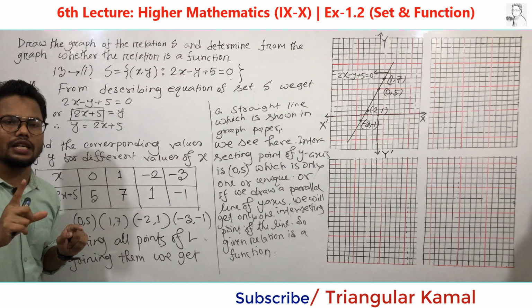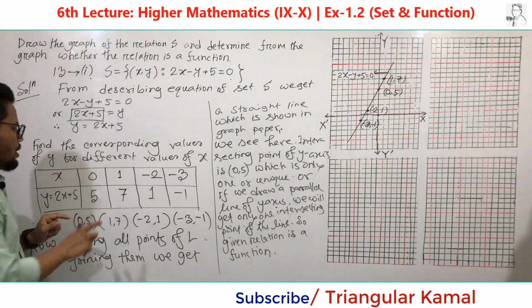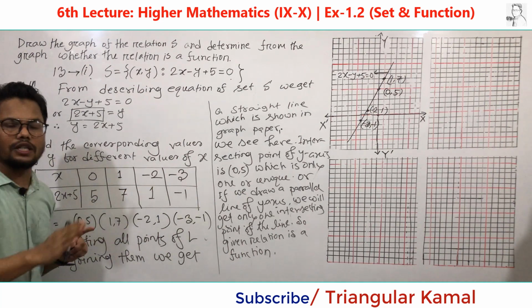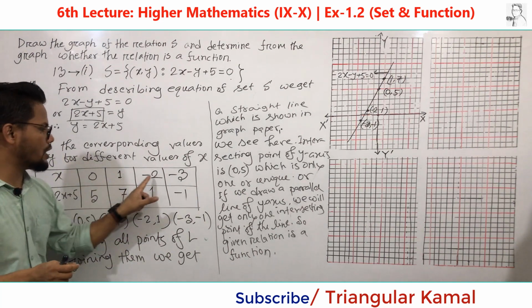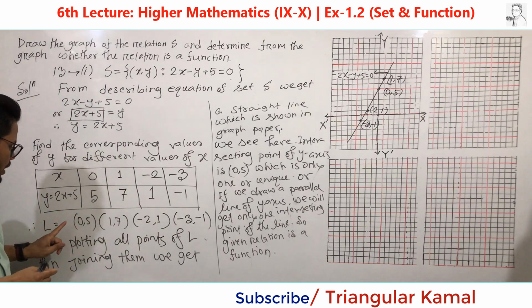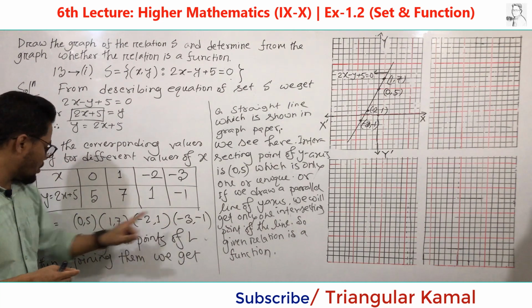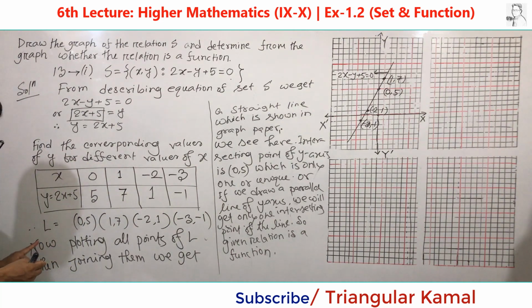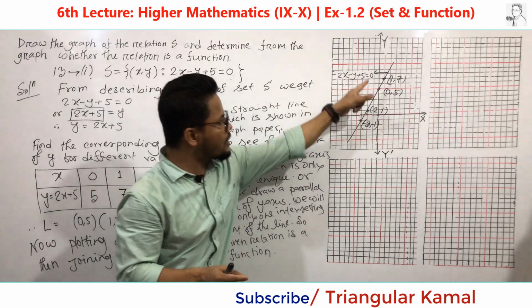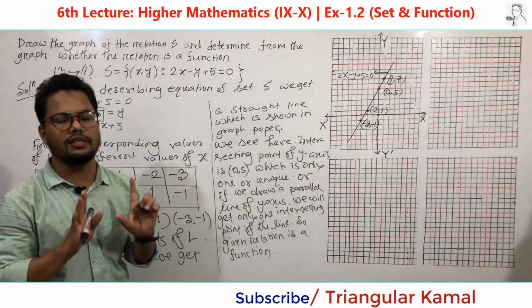Just 2 points are enough to draw a straight line. But for more accuracy, we take 4 different values, 2 positive and 2 negative. So find the value of y, then plot all points and join them one by one. If we get a straight line, then our equation is right.